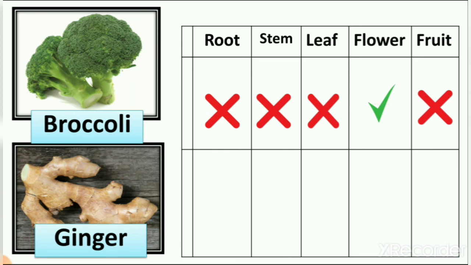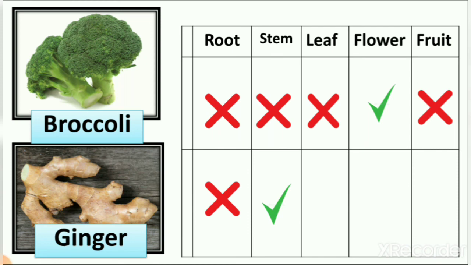When we see the plant of ginger, we see that ginger grows like stem, not like roots. So we cross in the roots box, and you can see here it looks like stem. So where do we tick mark? We tick mark in stem.